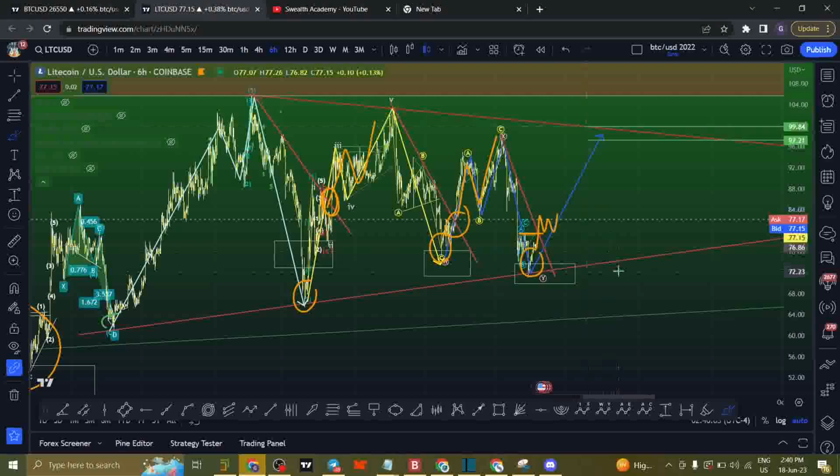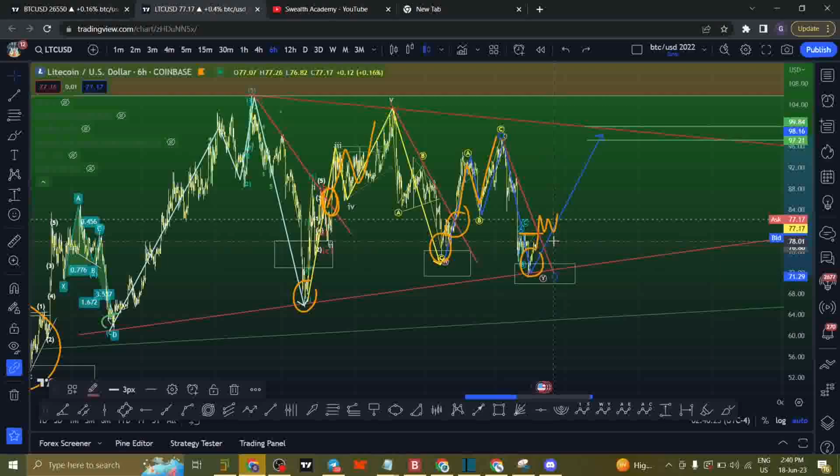Cool. As of now, we have two confirmations. Our fractal method is indicating that we're headed for an upside move. Our Fib levels as well have triggered a demand zone. The only thing that we're waiting for right now is this resistance level to break above.